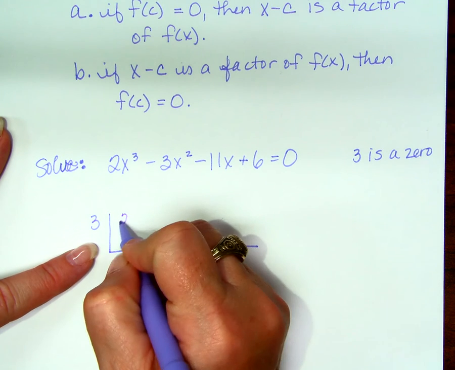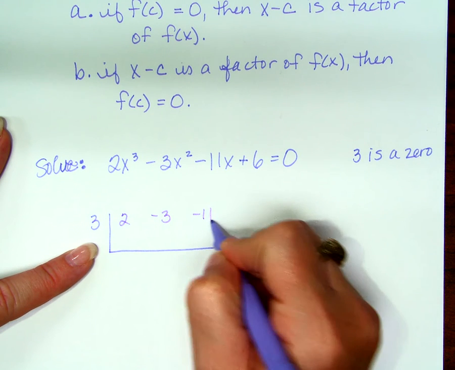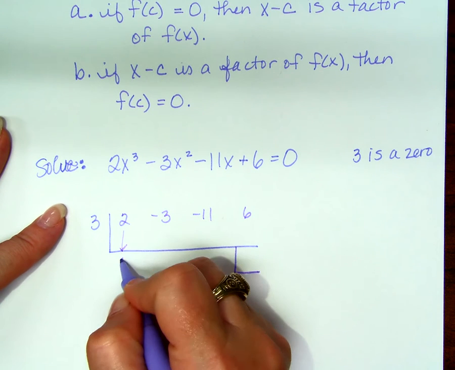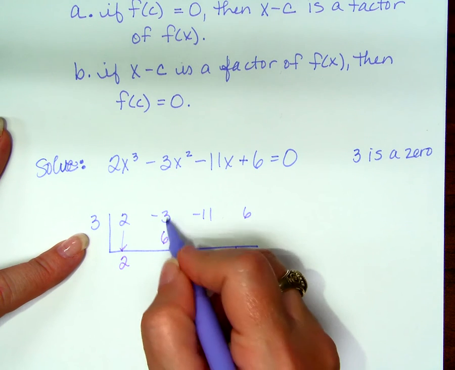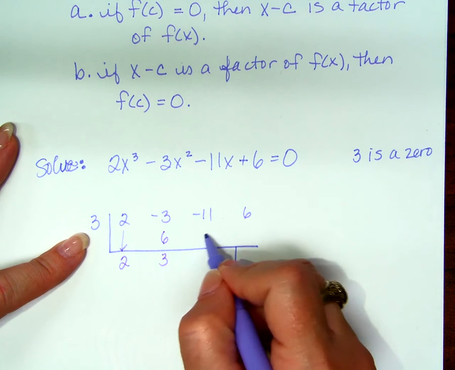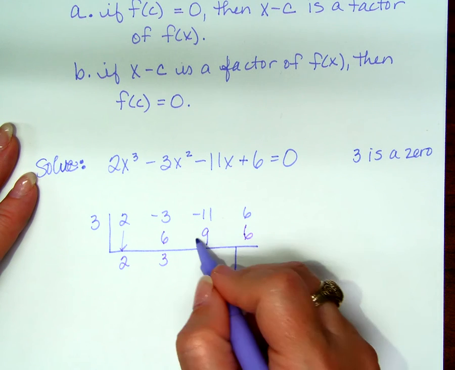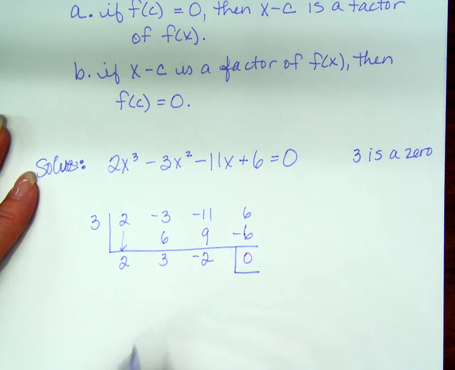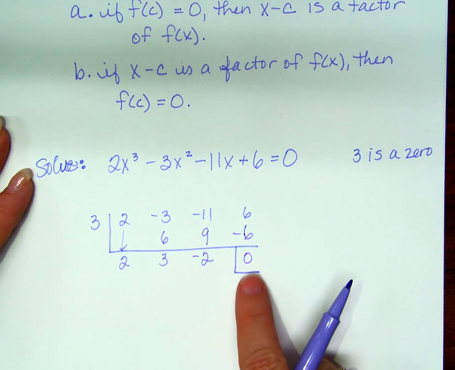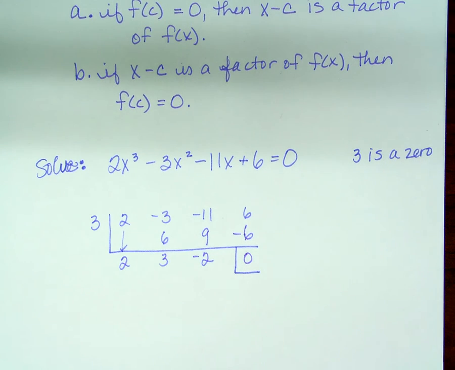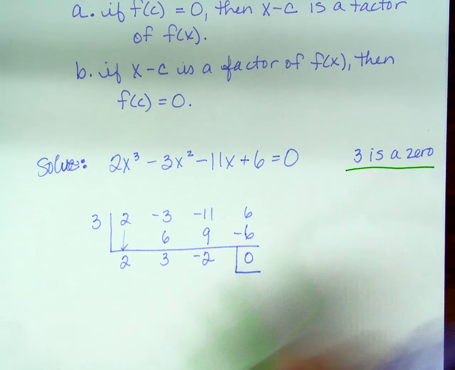Okay? So 2, negative 3, negative 11, and 6. Bring down the 2, multiply here, add. Multiply here, add. Multiply here, uh-oh, I missed a sign right there, and add. Now, did I know ahead of time that I was going to get a 0 right here? I did, because it told me right here that 3 is a 0.